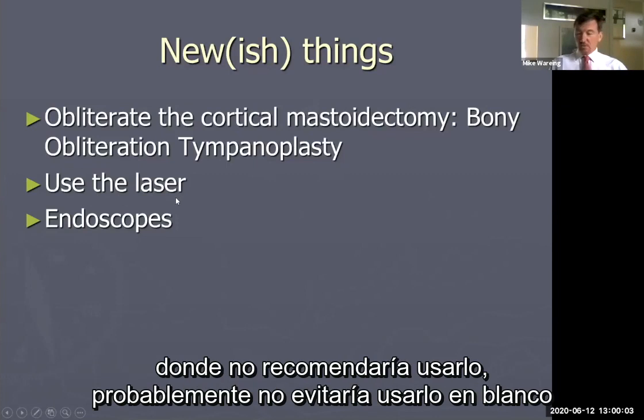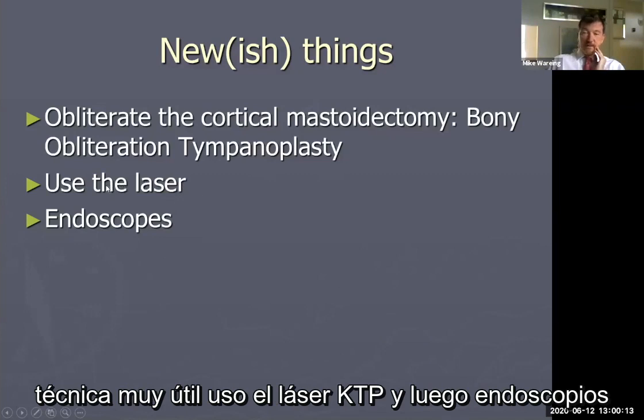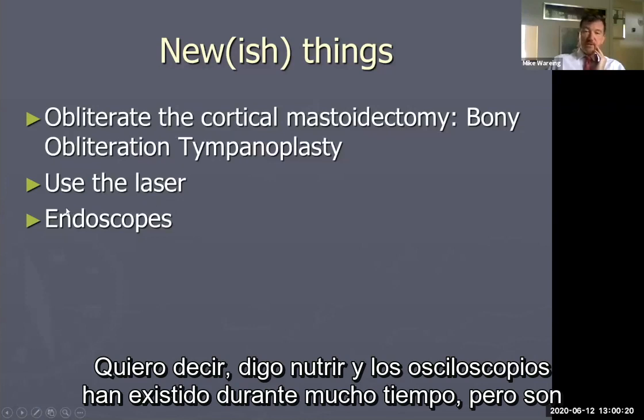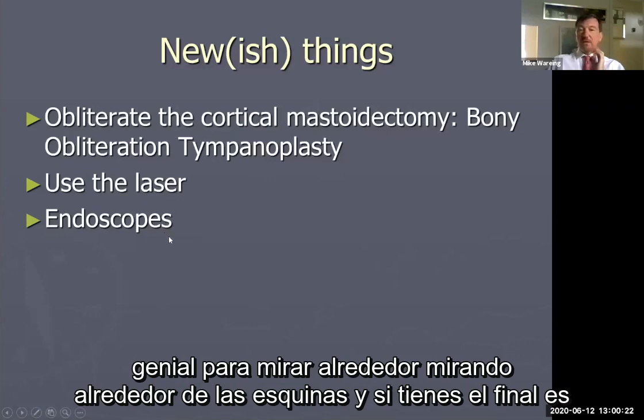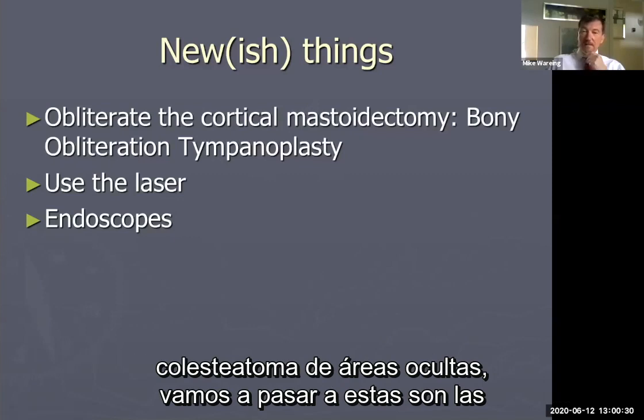And there are some situations where I wouldn't advise using it. I probably wouldn't advise using it to get colesteatoma off the facial nerve. But in lots of other cases, it is a very useful technique. I use the KTP laser. And then endoscopes. I mean, I say newish. Endoscopes have been around for a long time, but they're great at looking around corners. And if you've got the endoscopic instruments from Storz, then you can also remove colesteatoma from hidden areas.